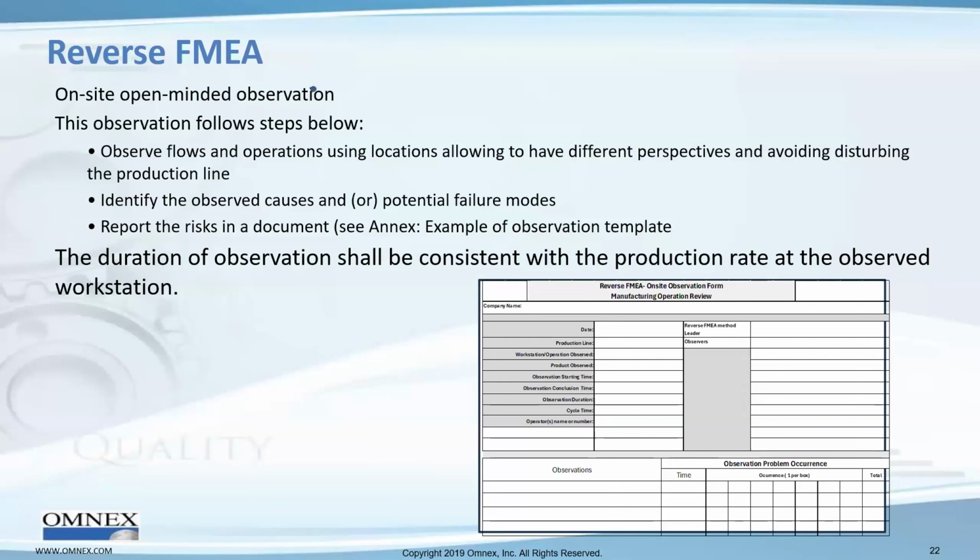Did we see just one, or did we see multiple ones? So we have this observation report that then captures the observations from the team. So one sheet drives what we're looking for. The observation sheet says, well, what did we see when we were reviewing the process?